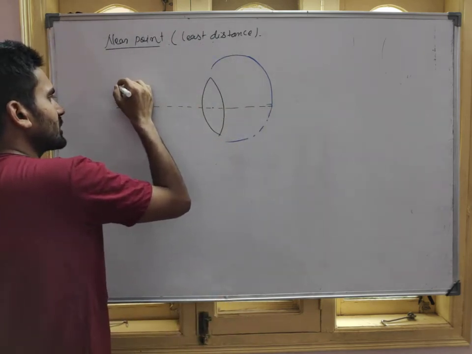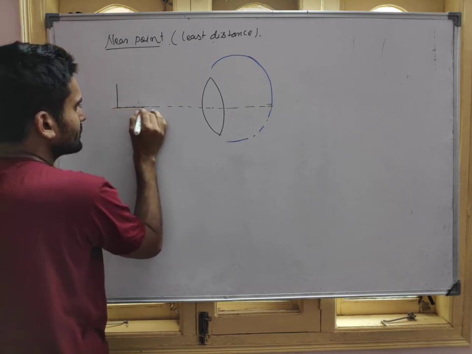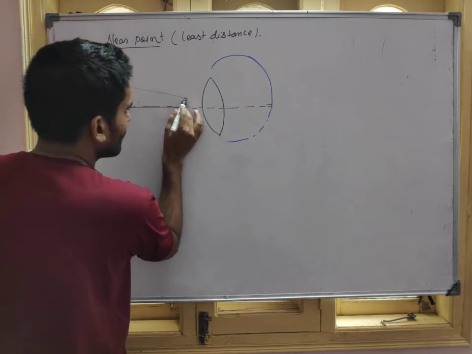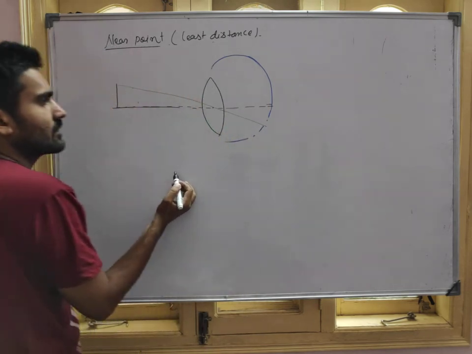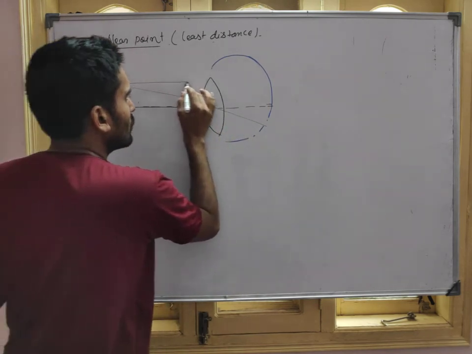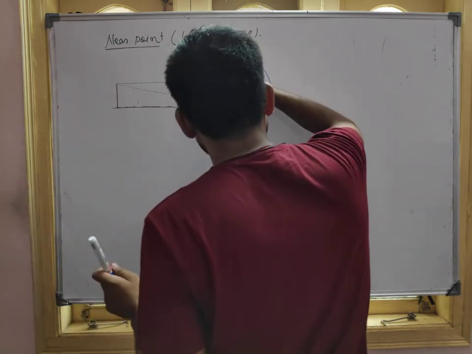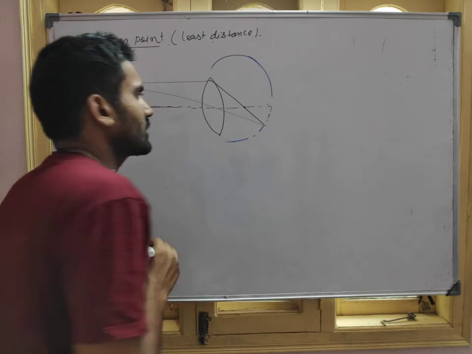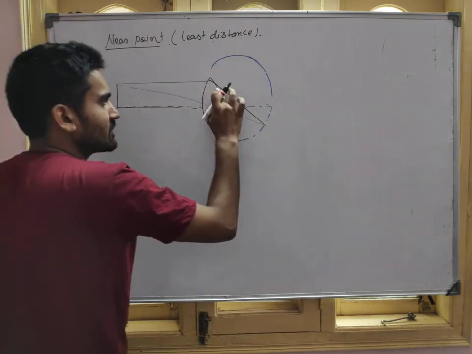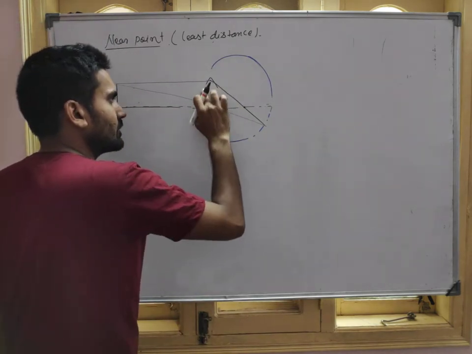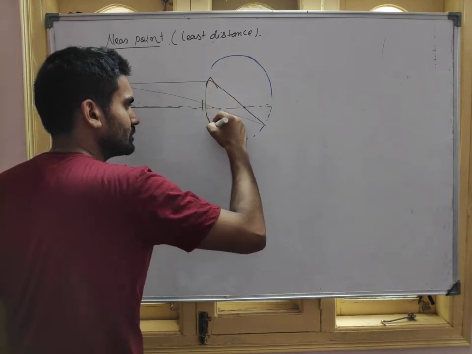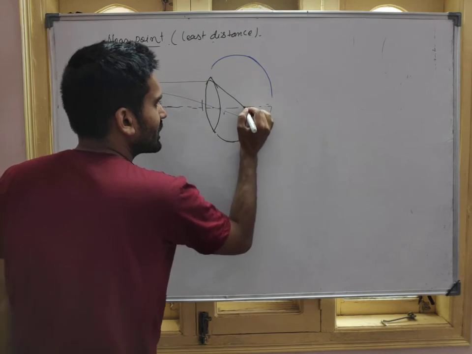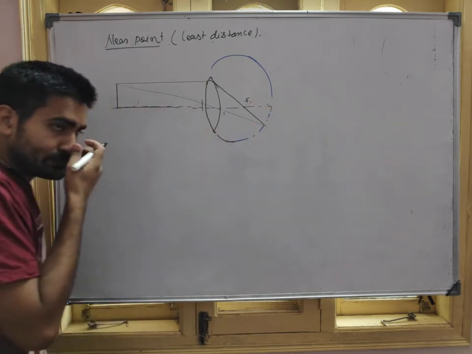If the object is here, let's say, one line will go from the center like this. Okay, one line will go like this and it will come like this. So the focus is here. Okay, the lens is thin right now. So we will get the focus at this point. Let's say it is at 1.